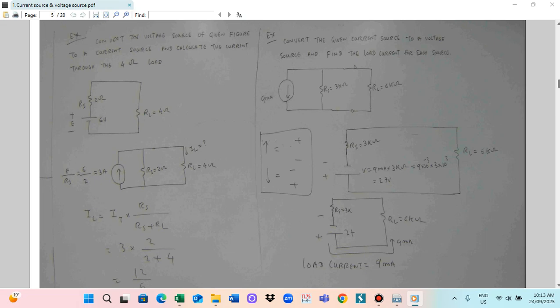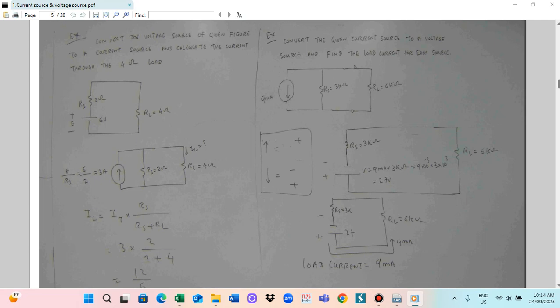And then the resistor is connected in series with the voltage source. So the series resistor RS is 3 kilo ohm, and then this one is in series with RS, which is 6 kilo ohm. Now we can find this one here. It's negative positive, so 27 volt.